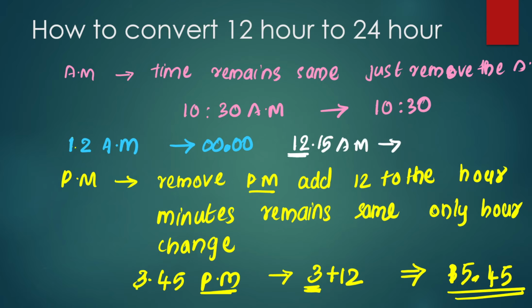We know that 12 is 00, so 00:15. We don't need to add a.m. So 12 changes into 00 in the 24-hour format, and the minutes remain the same.